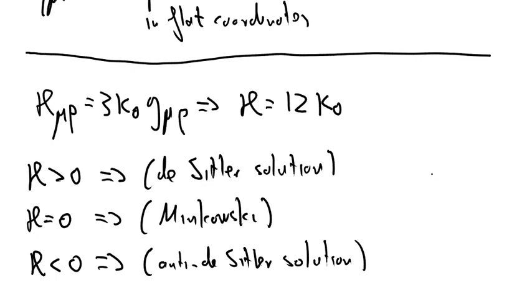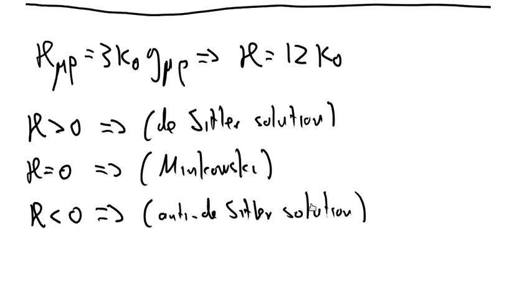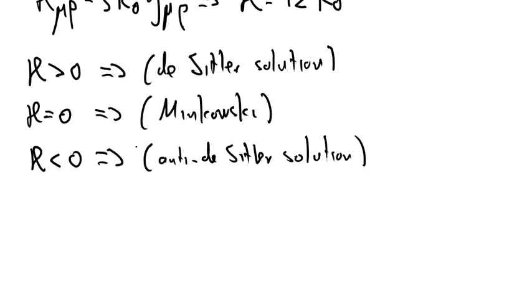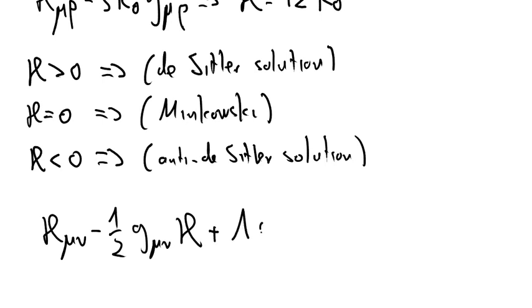Why do I keep saying that these are solutions of the Einstein equations? This has a very simple answer, if you remember the Einstein equations with cosmological constant, and we assume that we are in vacuum, so the energy-momentum tensor is 0.